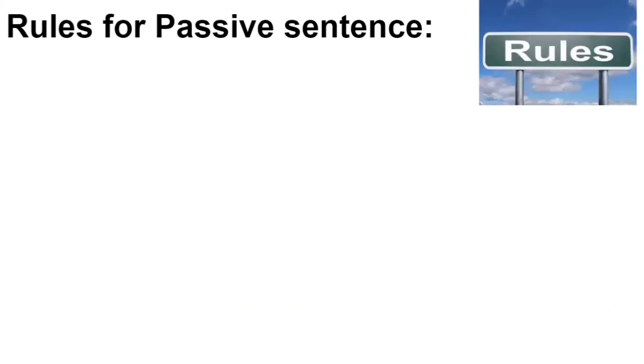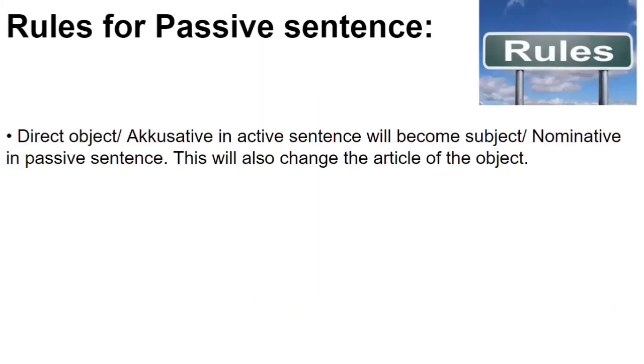Now, we have some rules for passive sentences or Passivsätze. So, first of all, direct object or accusative in active sentence will become subject or nominative in passive sentences. This will also change the article of the object.